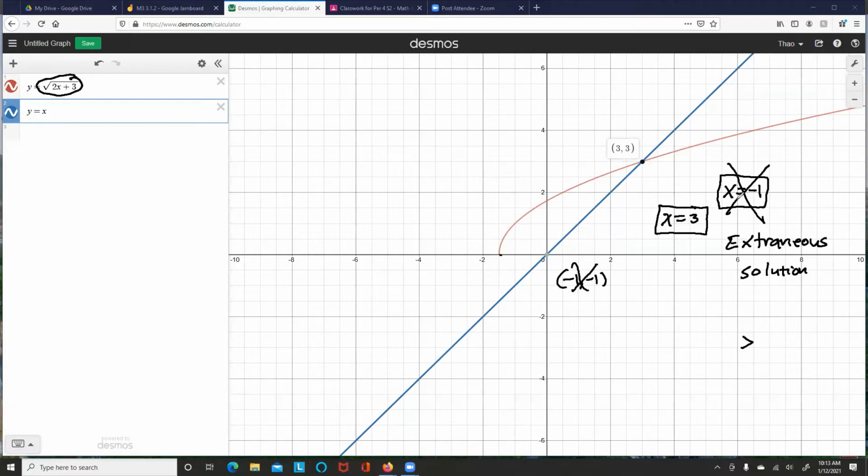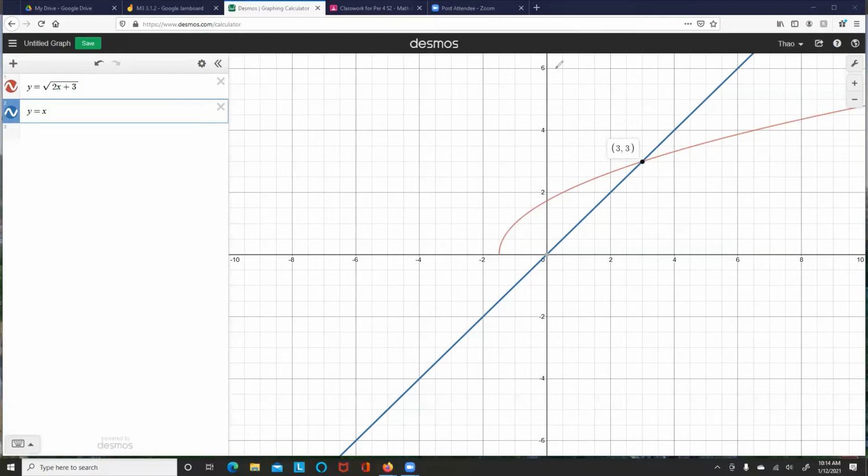But we're not always going to use Desmos. You're not allowed to use Desmos on tests, and in the regular classroom you're not going to be able to use it on a test or a quiz. So you have to be able to do this algebraically or with a graphing calculator if allowed. So what we need to do is write that this is an extraneous solution.